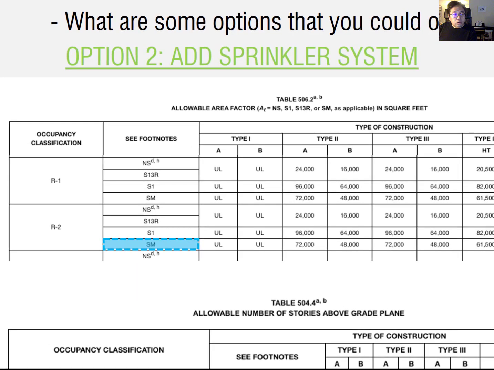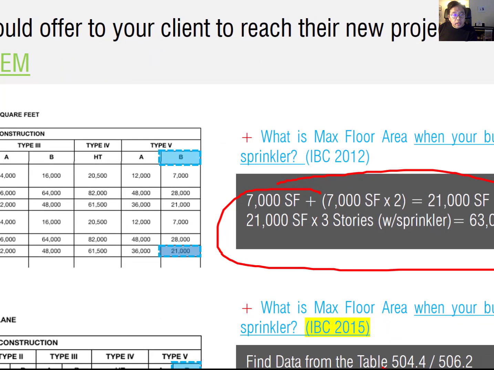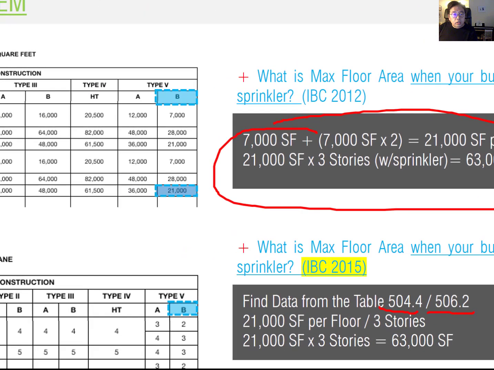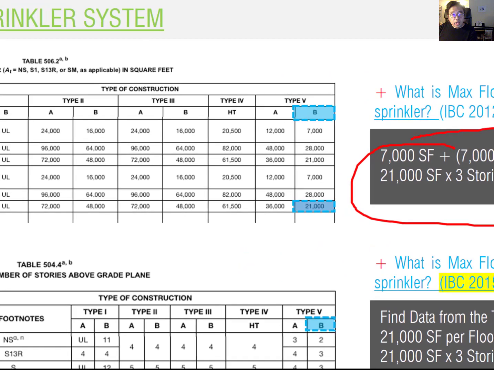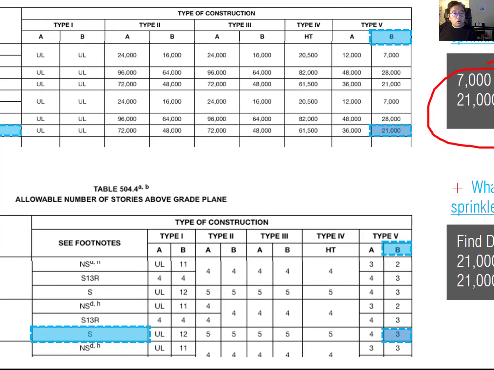So R2 and SM, and then you have a type 5B. So you can simply get the 21,000. So without this calculation, from the IBC 2015, you can simply get this number from the actual table. Okay, so same as the actual allowable maximum stories.